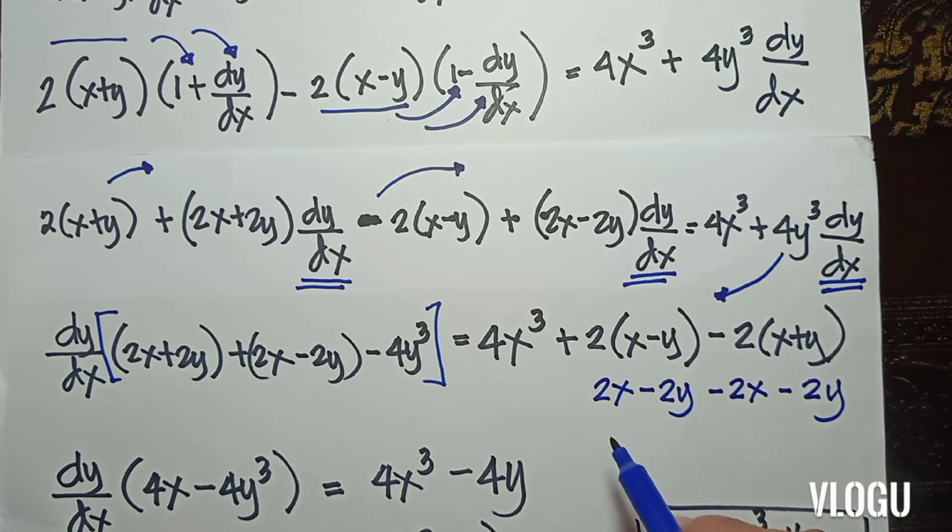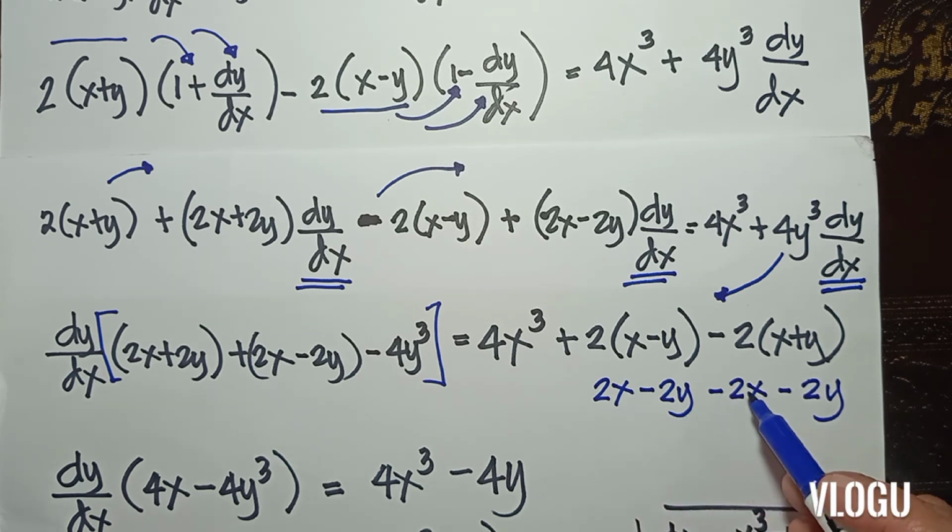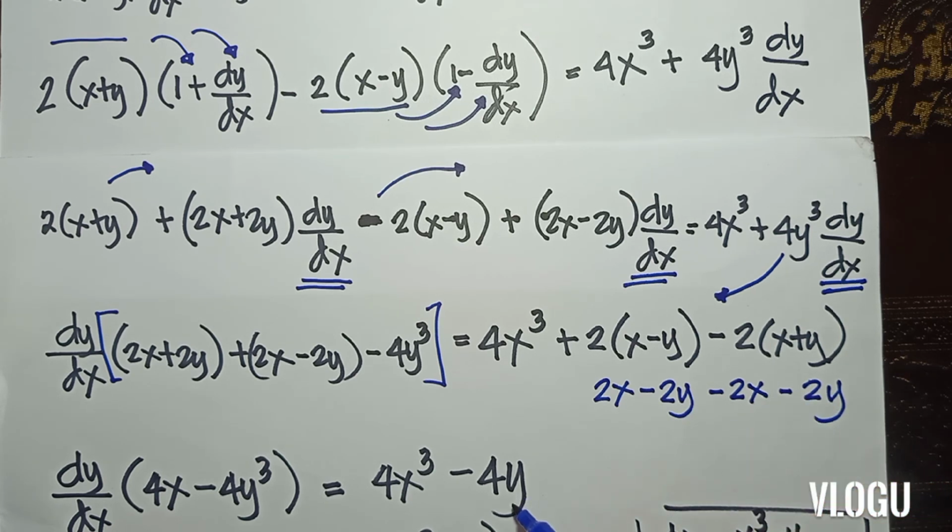So 2x minus 2x, that is 0. So negative 2y minus 2y, negative 4y. So that's the reason we have here (4x minus 4y cubed) dy/dx, that is equal to 4x cubed minus 4y.